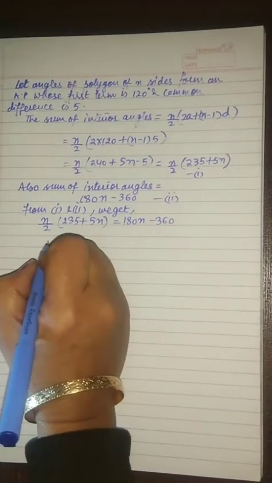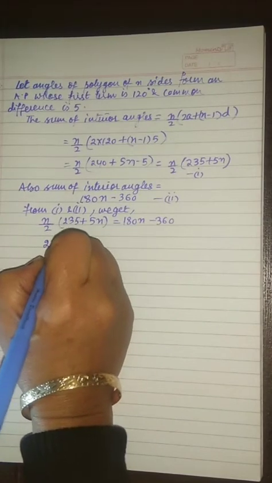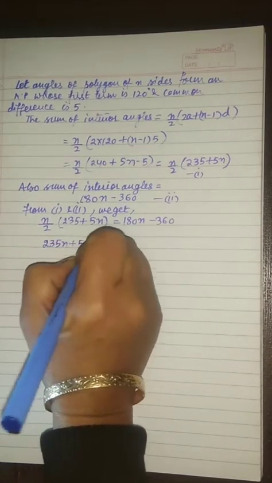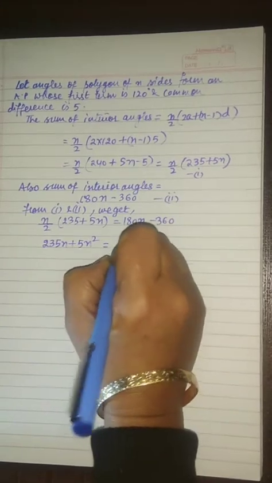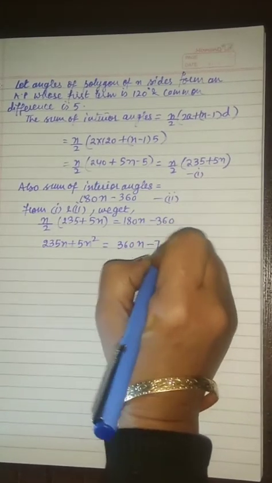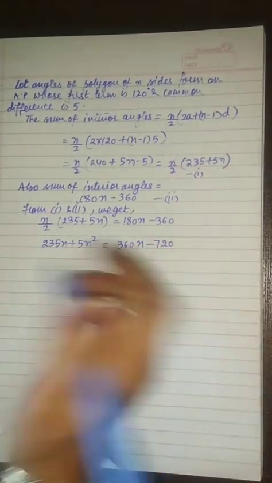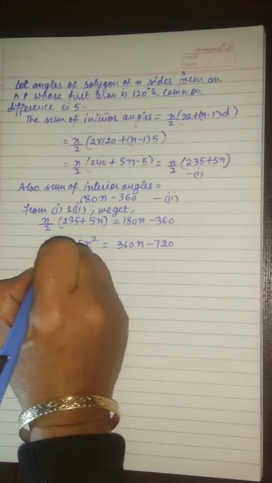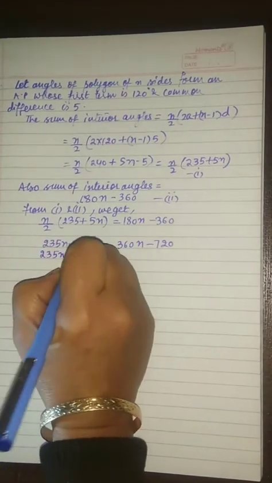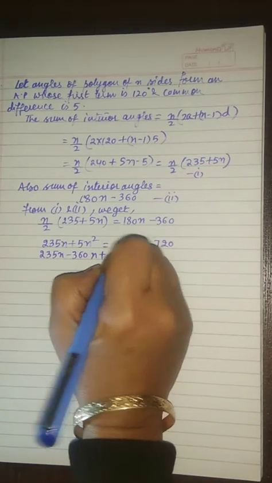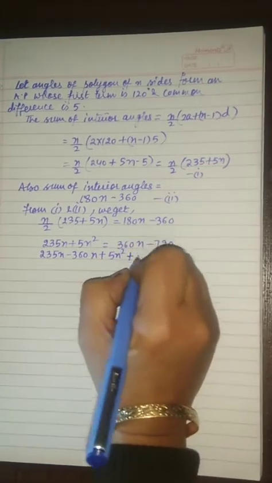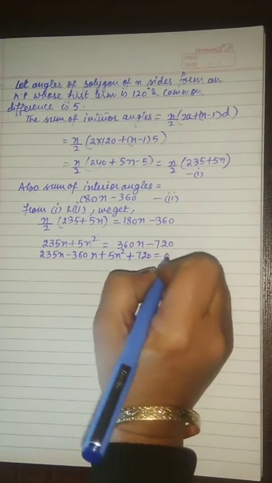On cross multiplying we will get 235n plus 5n square is equal to 360n minus 720. Transposing all the terms to the left hand side, we will get 235n minus 360n plus 5n square plus 720 is equal to 0.